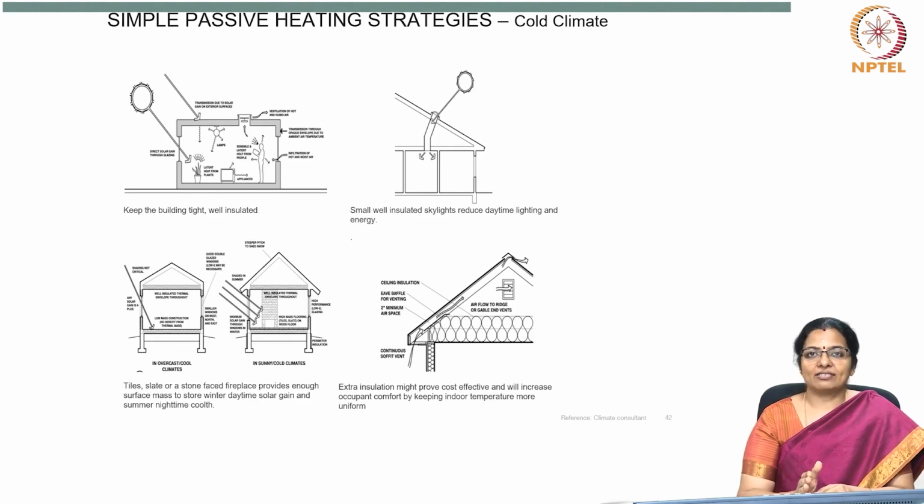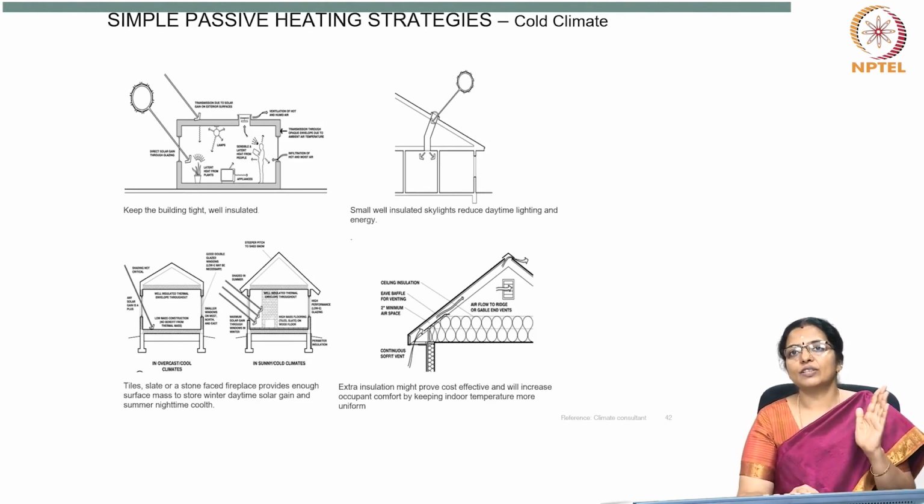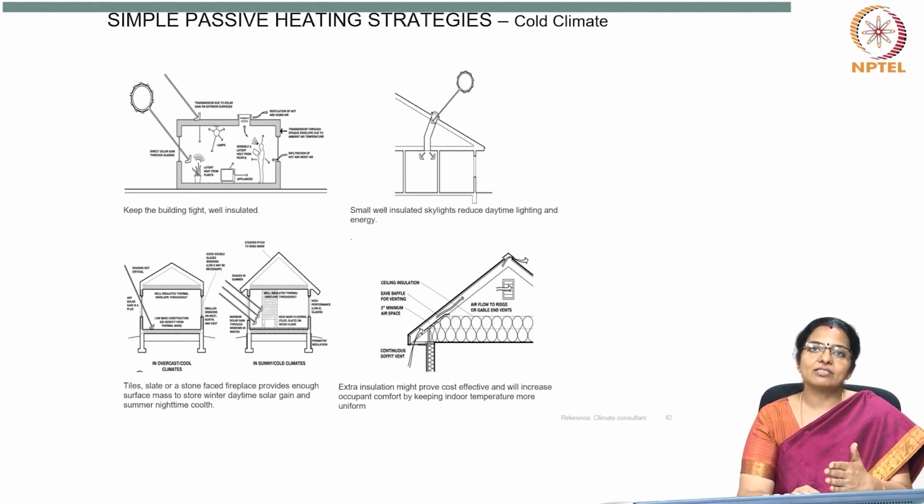Till now, what we have seen in today's class are the principles behind each of the simple passive techniques. Last class, we saw what the simple passive techniques are. In this class, we have seen the principles behind each of them.